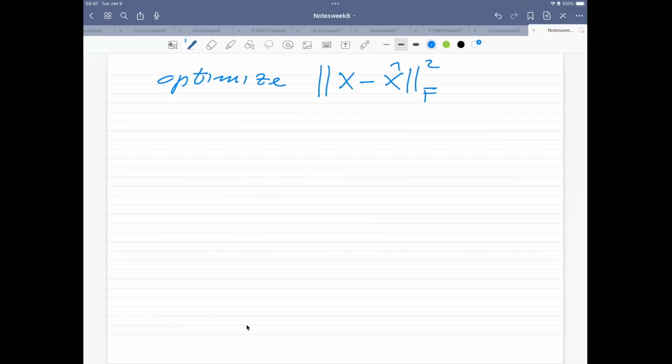So how many of you have seen or remember the Frobenius norm? Okay, so that's unknown. So let me just show you what it is, because this is something which I can write out as the trace of this matrix X minus X hat transposed times X minus X hat.